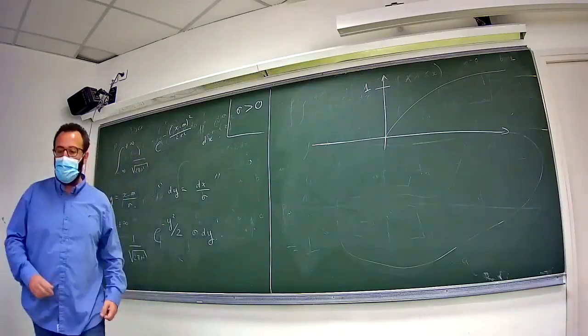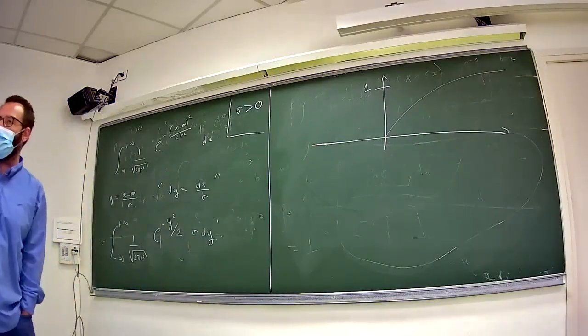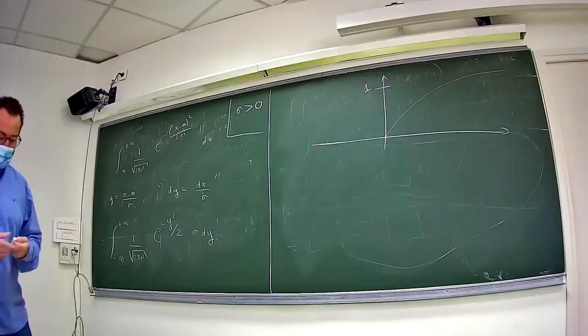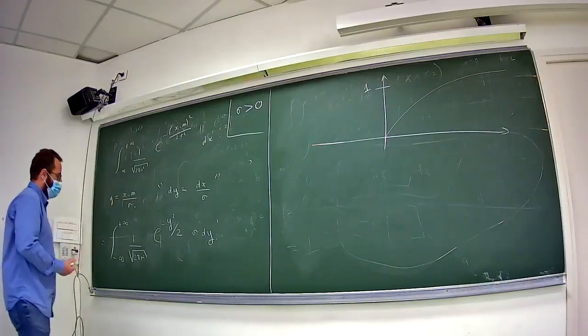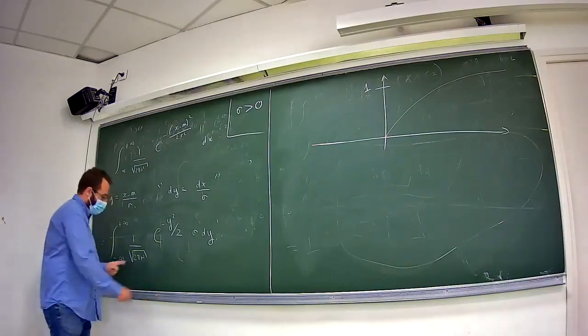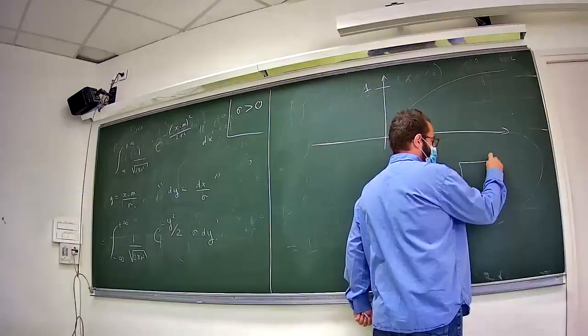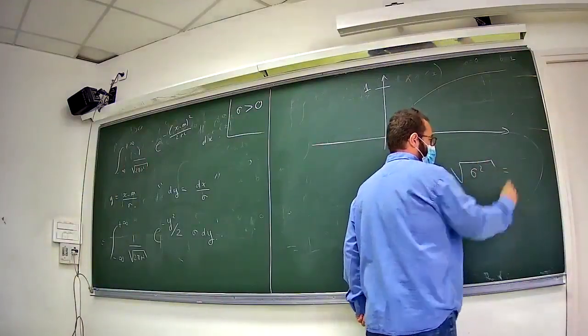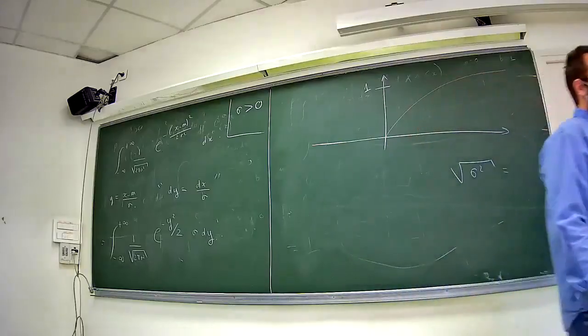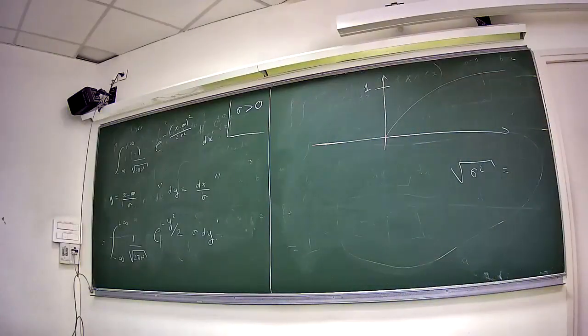And in fact, sigma being strictly positive, I have once again a simplification here. The square root of sigma square is equal to what? Sigma. Be careful, huh?